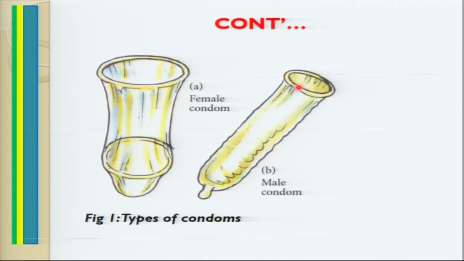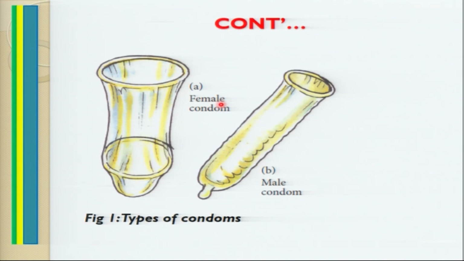See the diagram. Try to differentiate the two diagrams. Diagram A is a female condom, referred to as femidom. Diagram B shows a male condom. If you use it properly, it covers the whole penis, and you make sure that there is no air inside the condom.